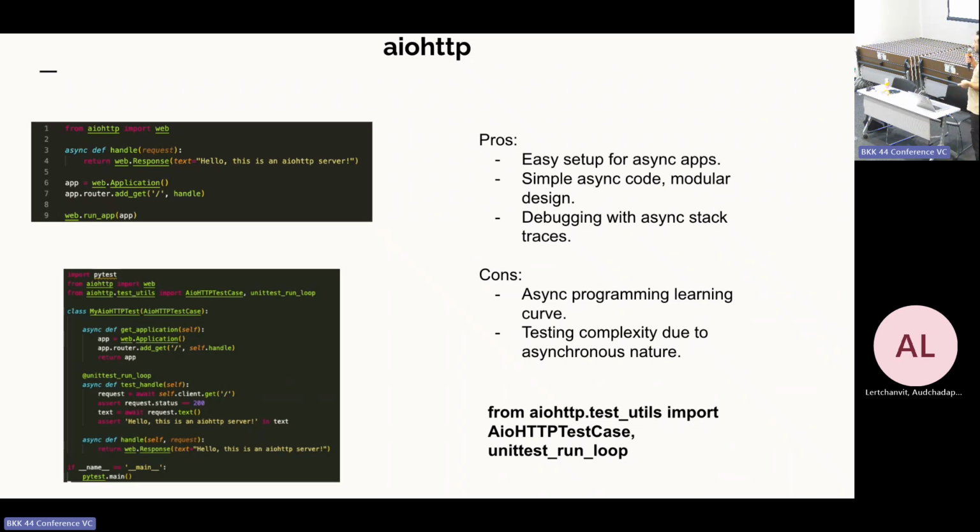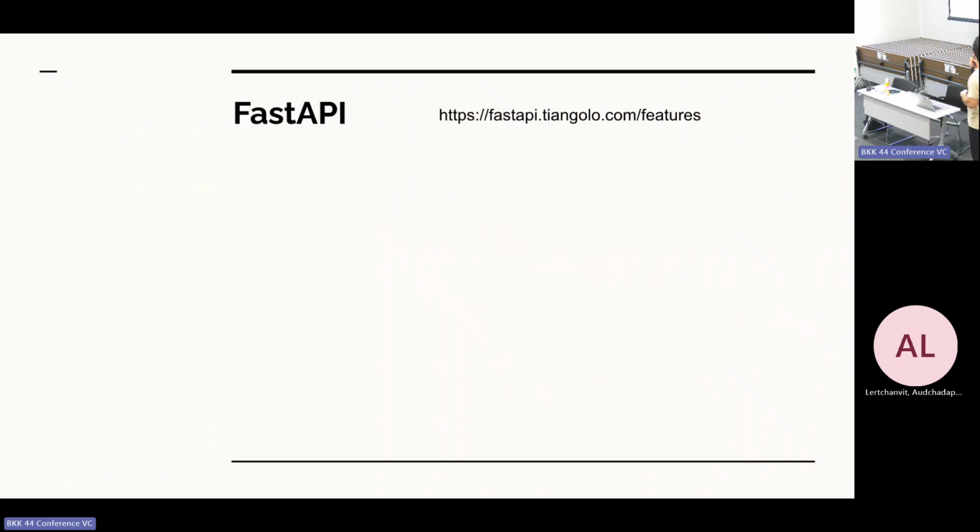Testing complexity due to the asynchronous nature. Also, you have to define these decorators for your functions. It's just generally not too great to write. And again, it's pretty minimalistic. It's nice to be minimalistic, but it might be too minimalistic.